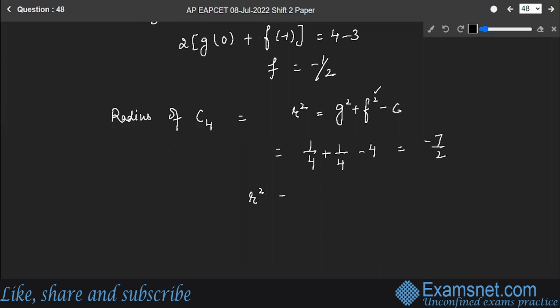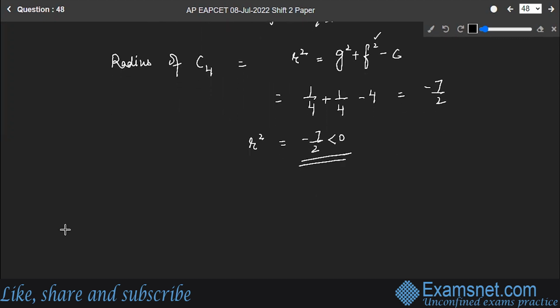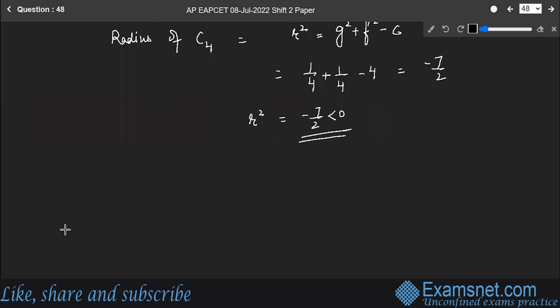R square is equal to minus 7 by 2, which is less than 0. Square of any number can never be less than 0. Therefore, no such circle is possible which is orthogonal to these three circles, since square of any number can't be negative.